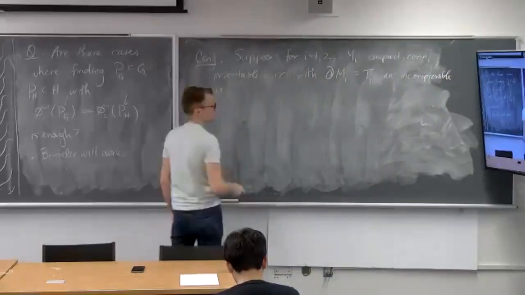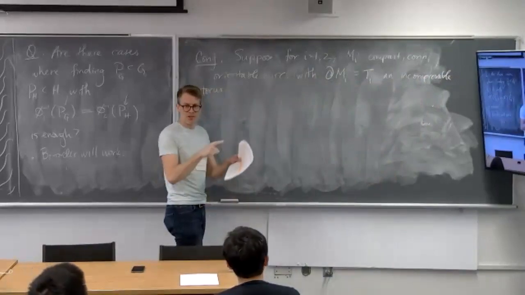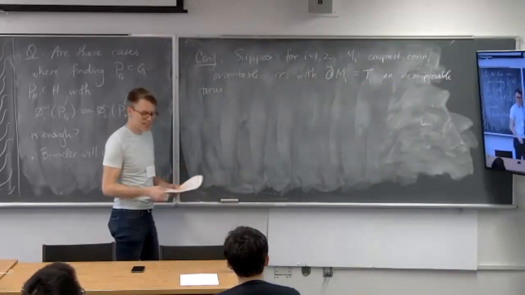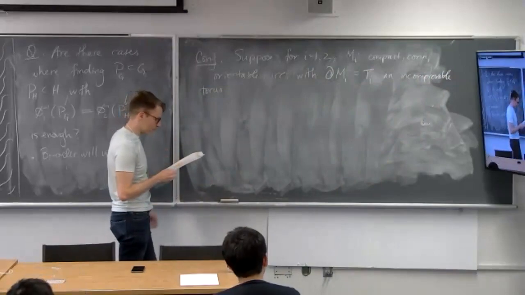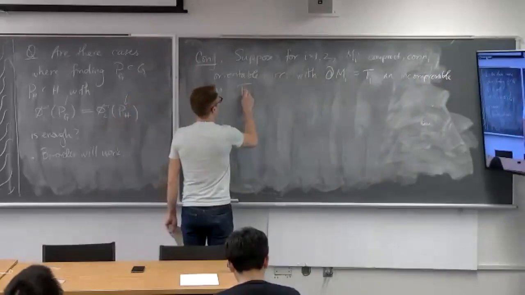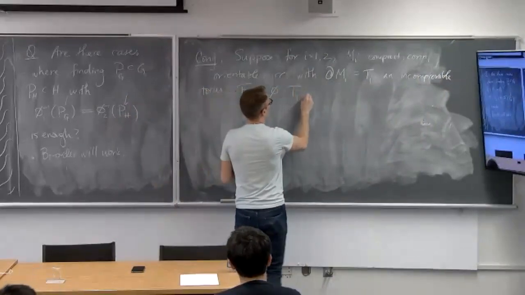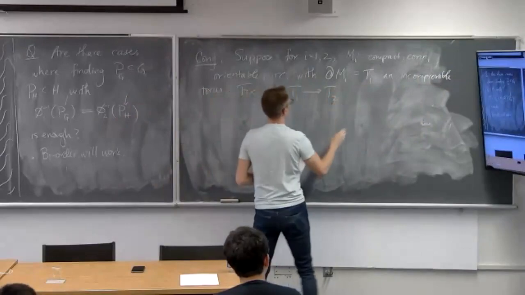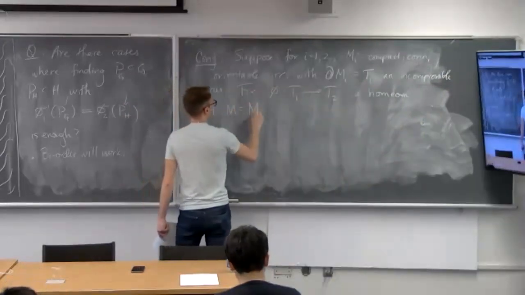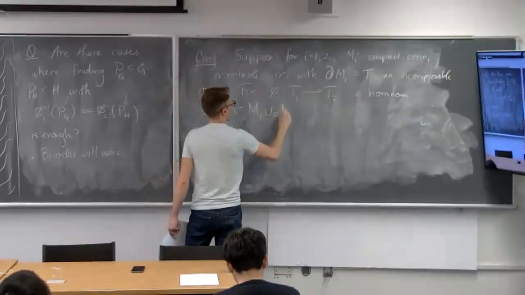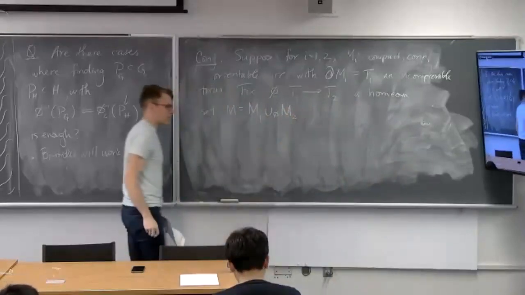In other words, the inclusion of the Z plus Z is injective. Then fix some homeomorphism phi, and let M be the two of these glued together by phi.